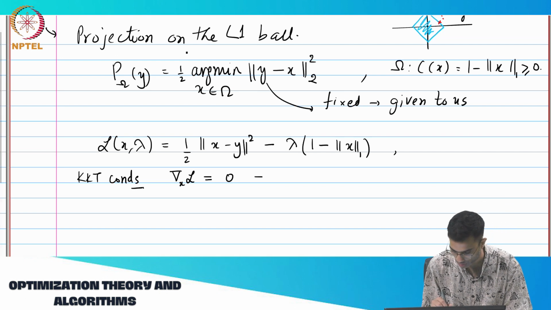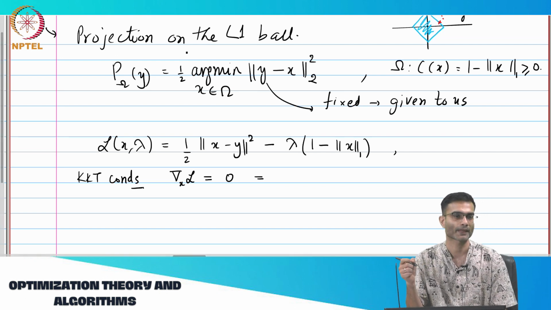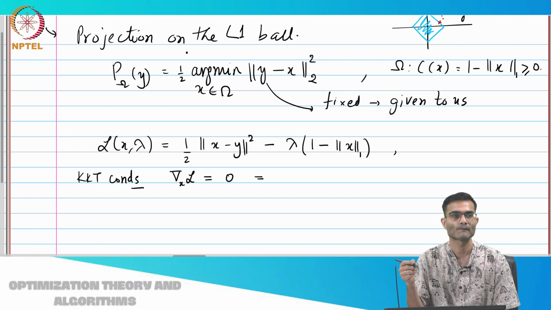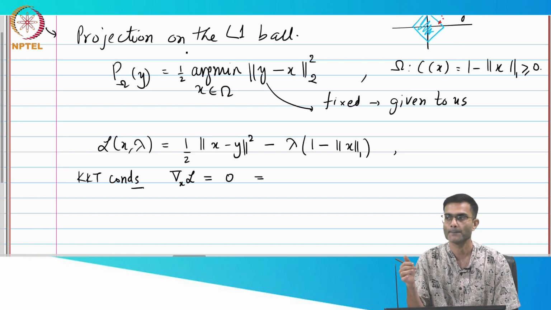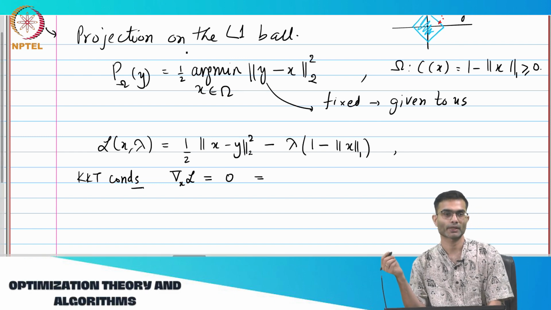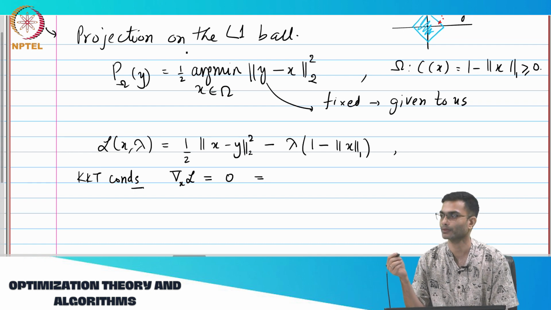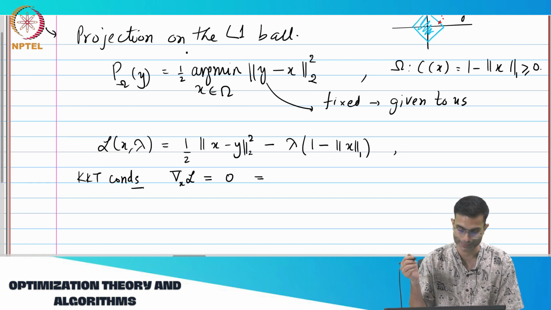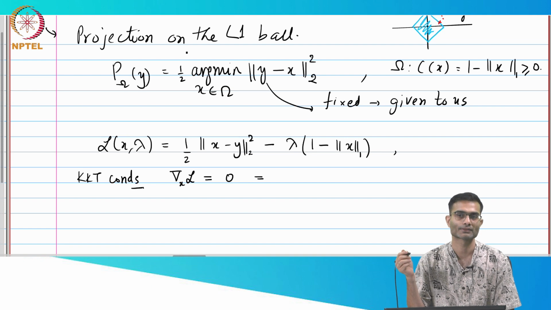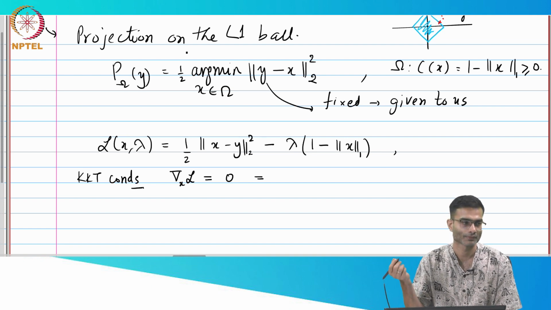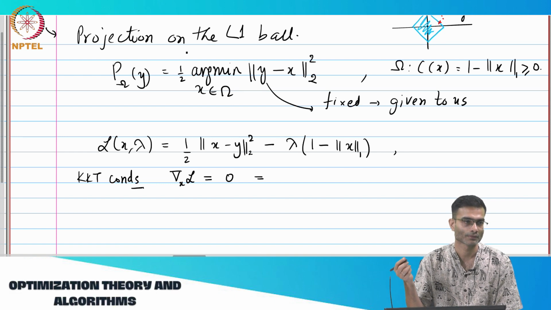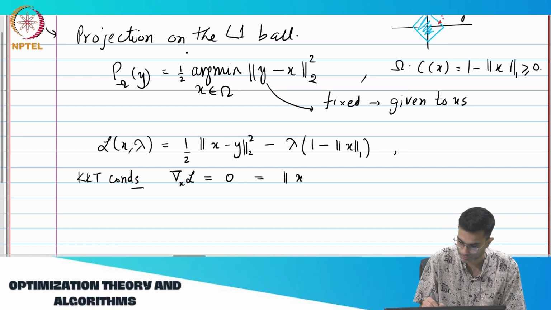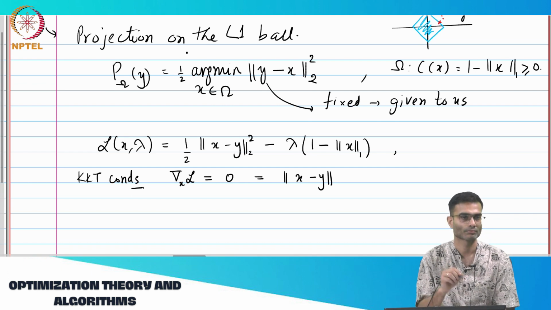Okay, so first term, derivative, gradient rather with respect to x, gradient of half x minus y whole squared with respect to x is, come on guys, right.